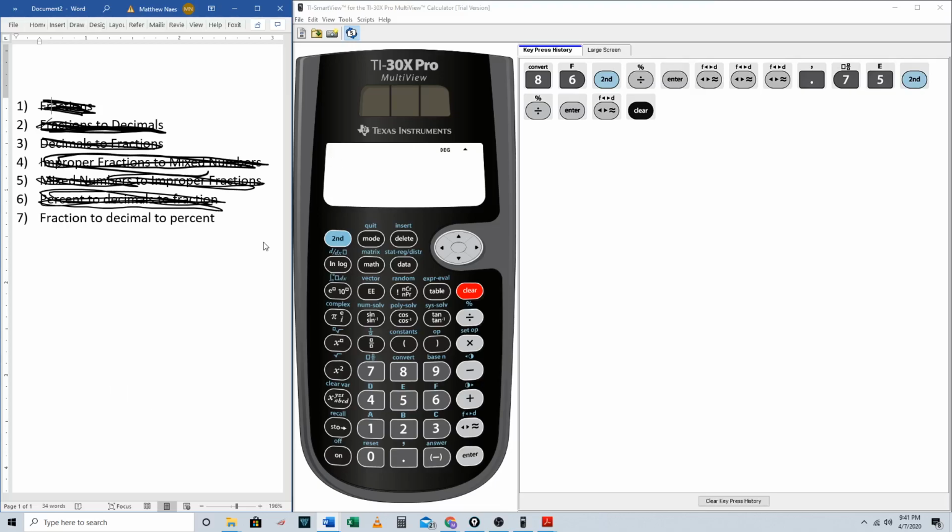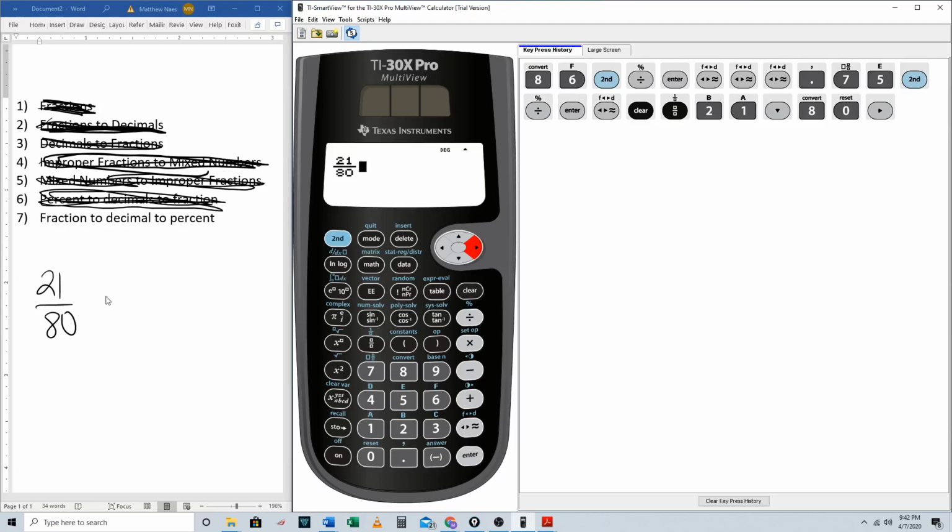All right, let's do a fraction, let's say 21/80. Again, this is a random fraction. We're going to first convert this to a decimal.